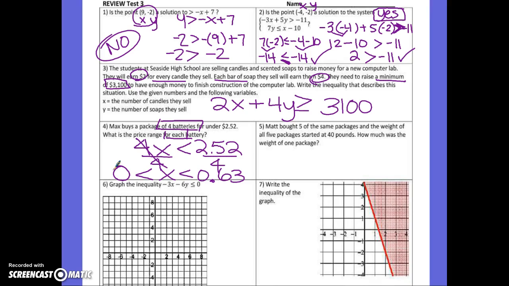So we don't want it to be a negative number when we're talking about price. So the price can be in between 0 cents and 63 cents. And that's how we can write that out.